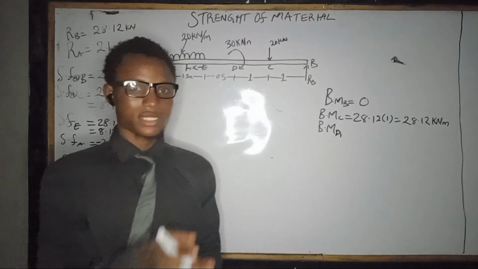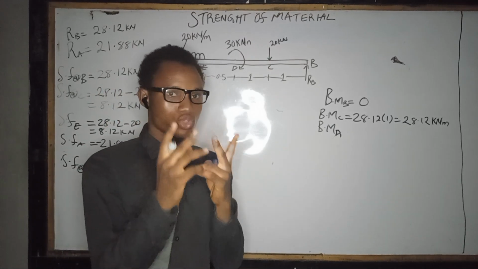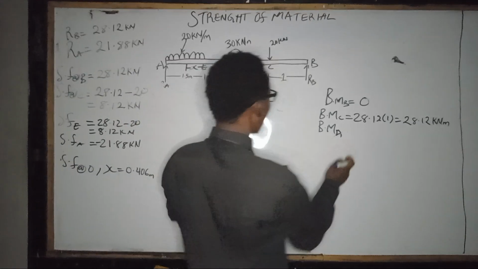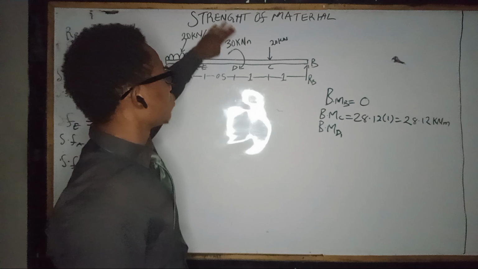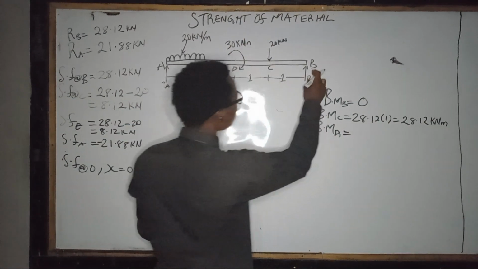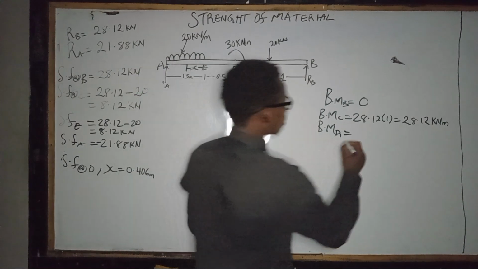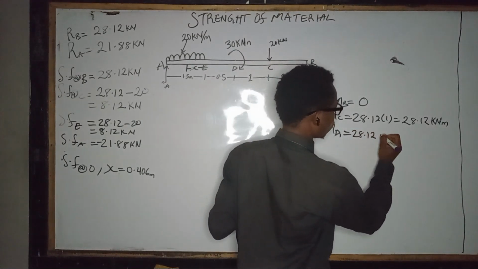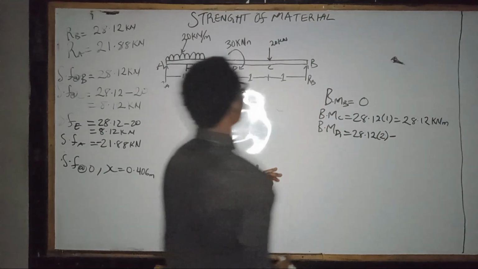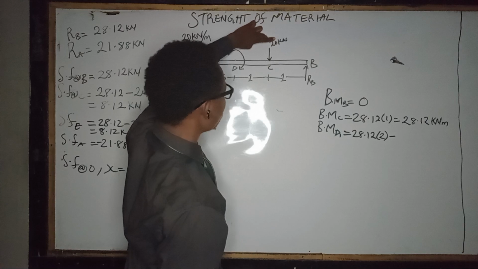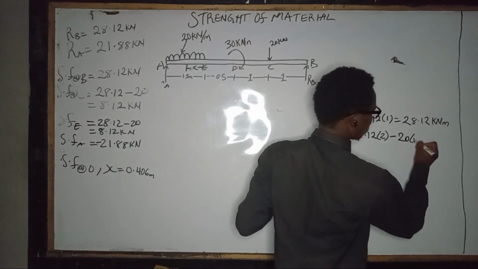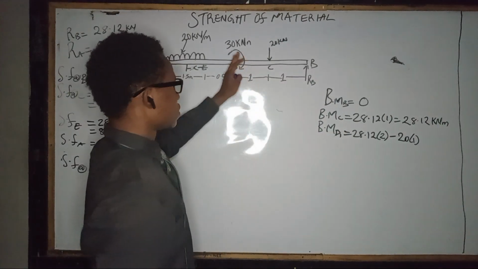Our bending moment at D1 is still at the same point D, but there are going to be two bending moments there. So the bending moment at D1 is the bending moment from D without the moment at all. So that bending moment is equal to 28.12 times the distance between here and here, that is 1 plus 1, which is times 2, then minus 20, which is here, times 1. That will be the bending moment from that point.